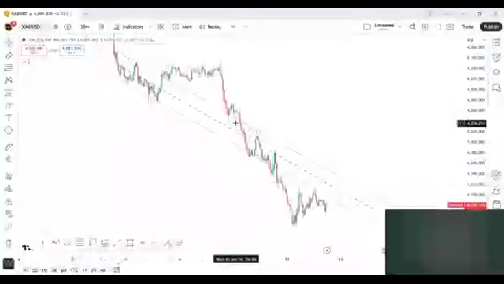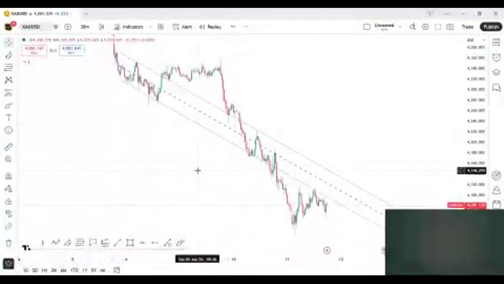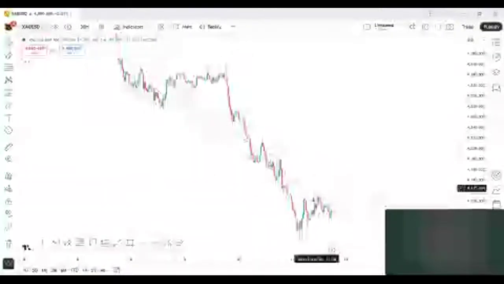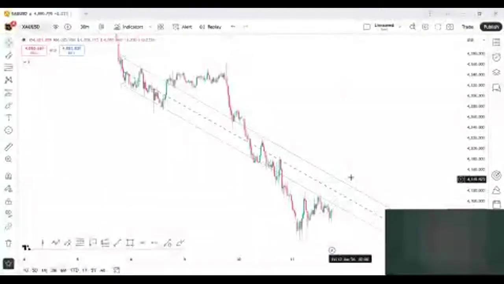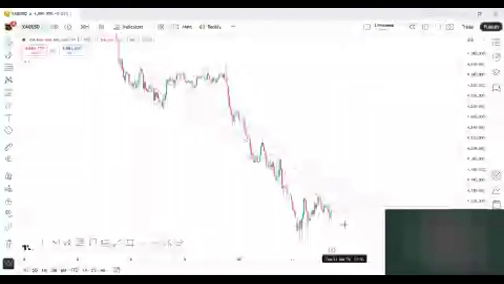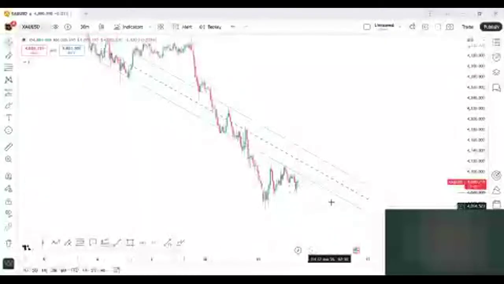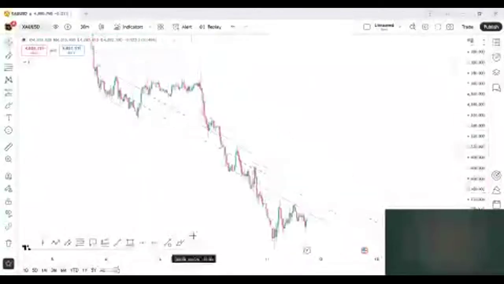This is actually a channel the market was moving up and down in, and this is the most important channel. If the market moves above this zone, that will shift the trend towards bullish. If the market stays below this zone, we will keep looking for short positions. I will draw a few things here with you.